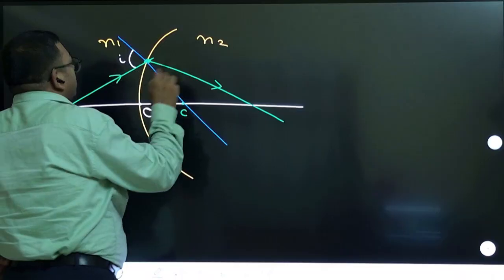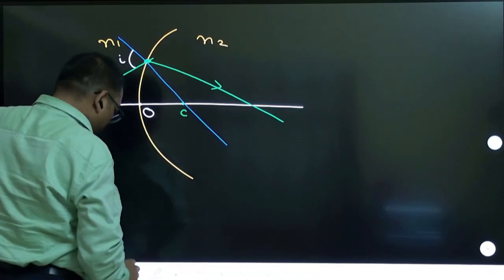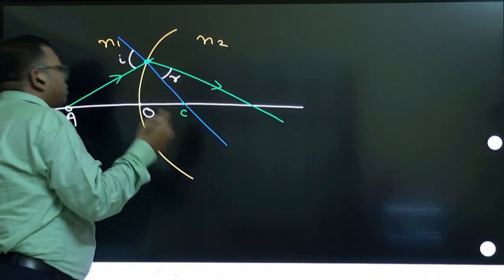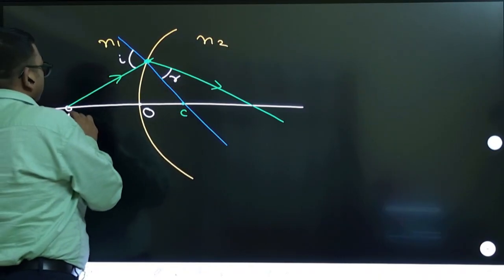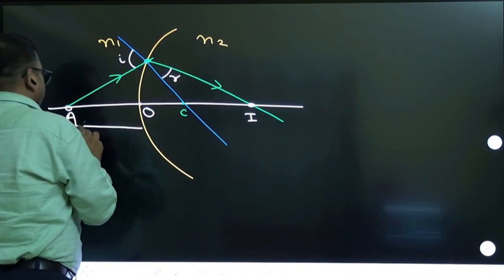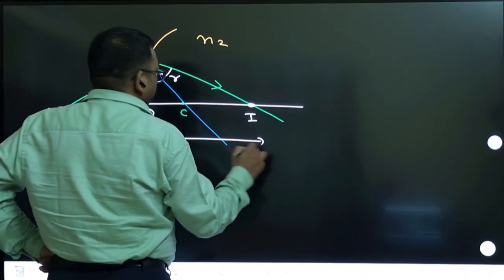This is the normal, this is I, and this is the angle r. This is the image. This distance is x, and this distance is x dash.